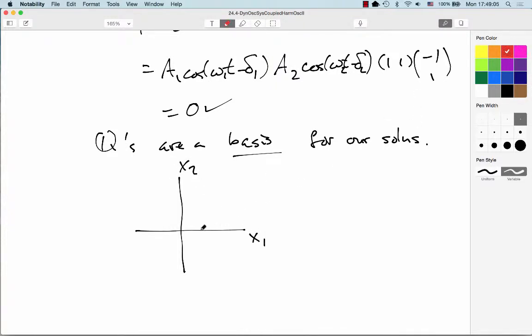And if I were to draw in the q's, that would correspond to q1, and that would correspond to q2. And we would get that our basis is rotated 45 degrees off of our configuration space.